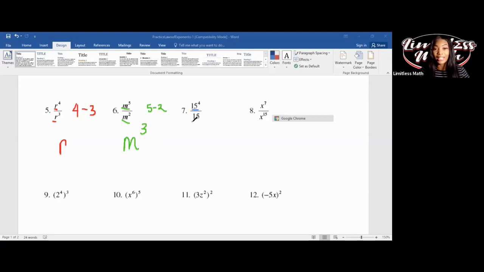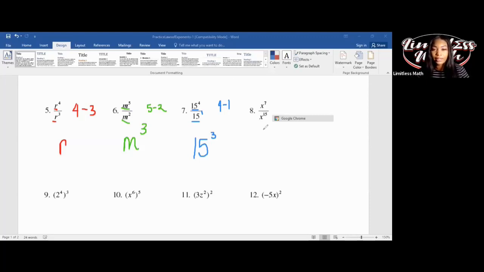We do, 15 and 15. So keep the 15, subtract the exponents. We have 4 minus an invisible 1. So 4 minus 1 would be 3. We don't do anything else, just leave it. You don't need to change it to a whole number, whatever 15 to the 3rd power is, just leave it.